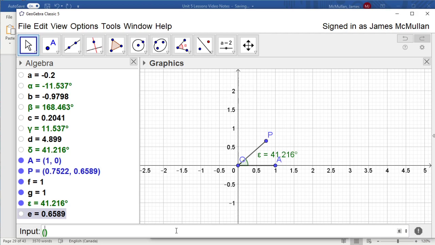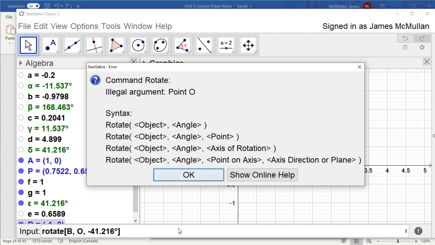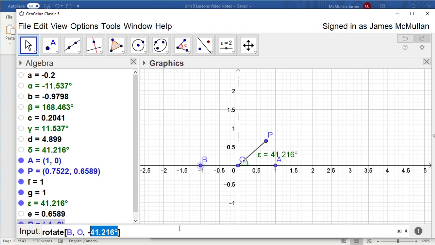Okay, let's draw a point at (-1, 0), and then let's rotate that point. I'm going to rotate it -41.216 degrees. Oh, sorry, you've got to put the angle in the middle, and then O at the end. Okay, so again, we just do the same thing.